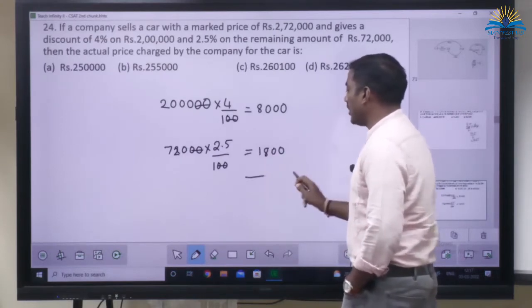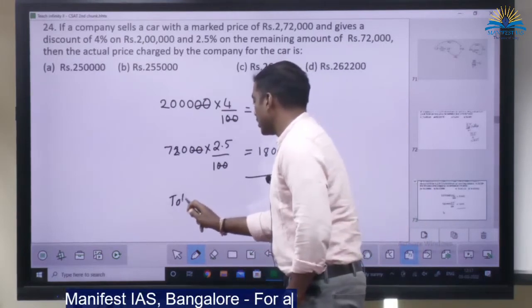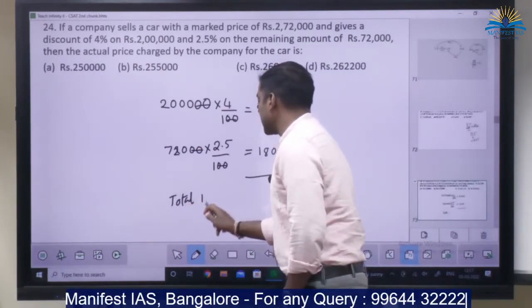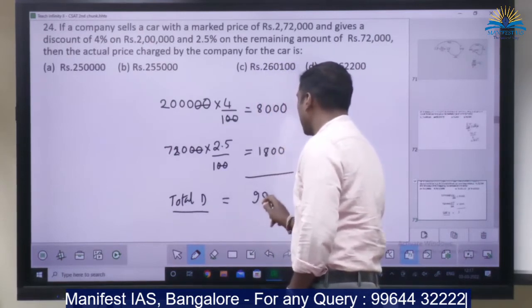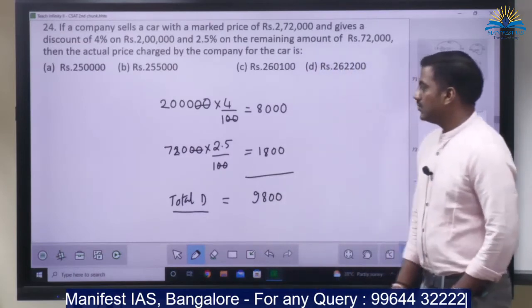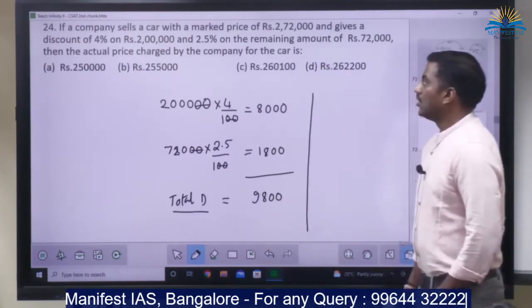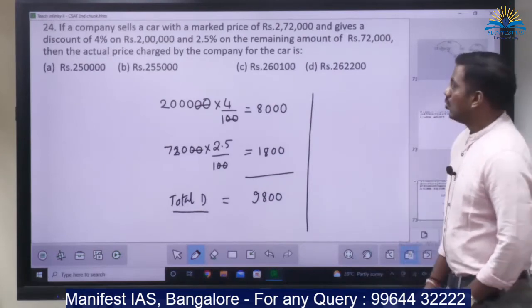So total discount will be how much? Total discount will be 9,800. What is the market price of the car? 2,72,000. In that you subtract 9,800.